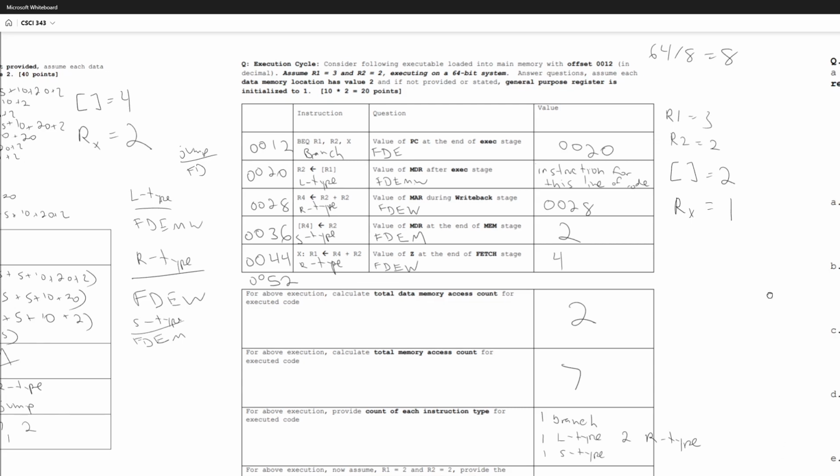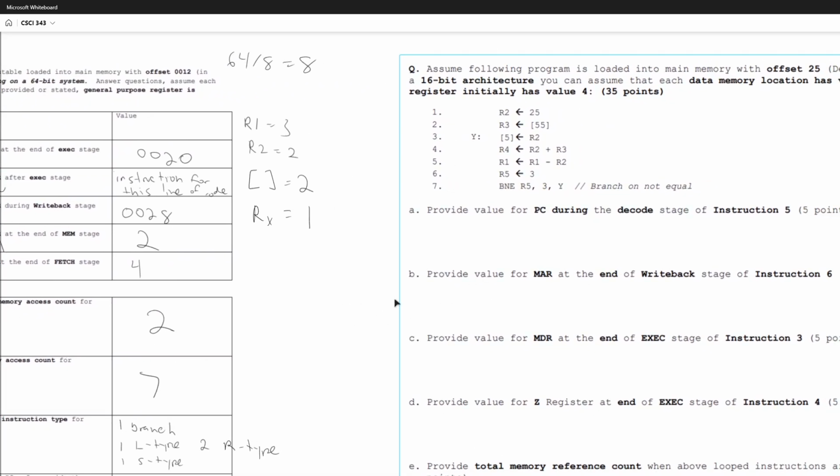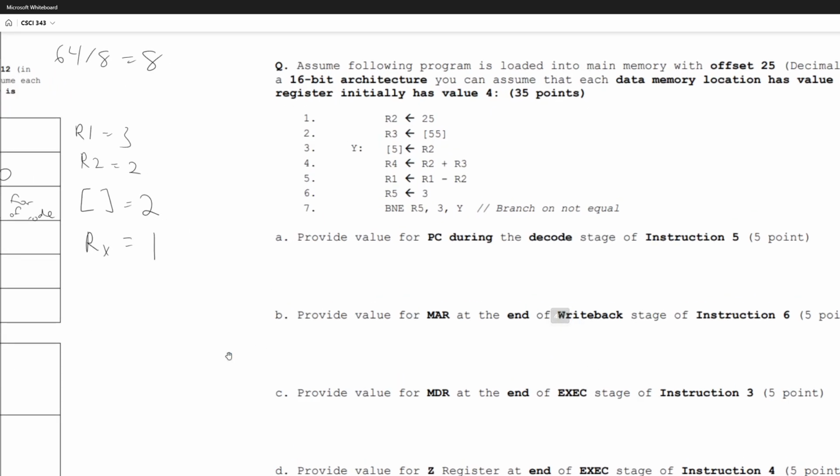Okay. Next question. Question 4. Assume the program is loaded with offset 25, 16-bit architecture. 16 divided by 8 is equal to 2. Each data memory location has value 5. Every register has a value of 4.